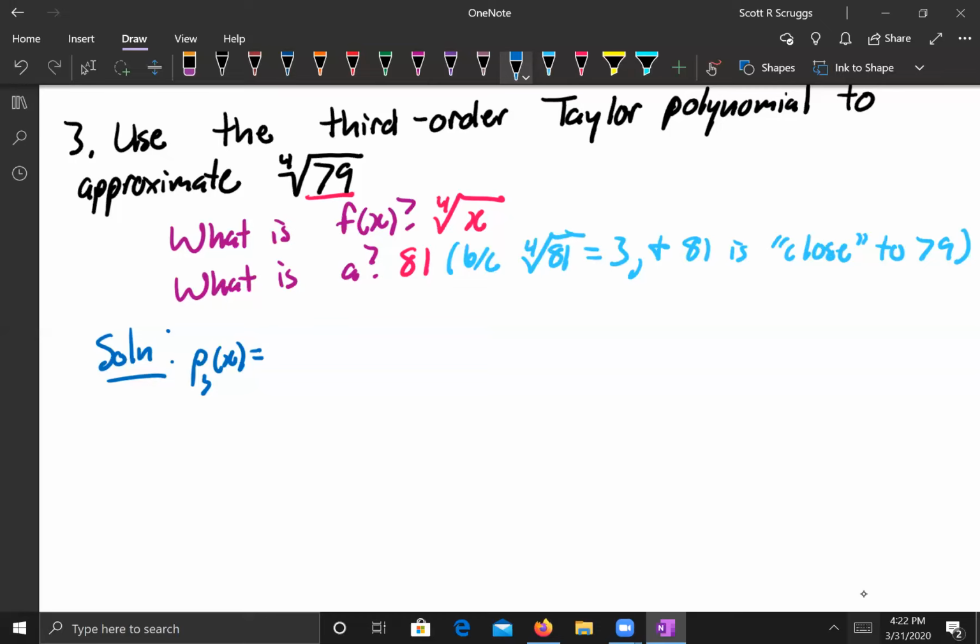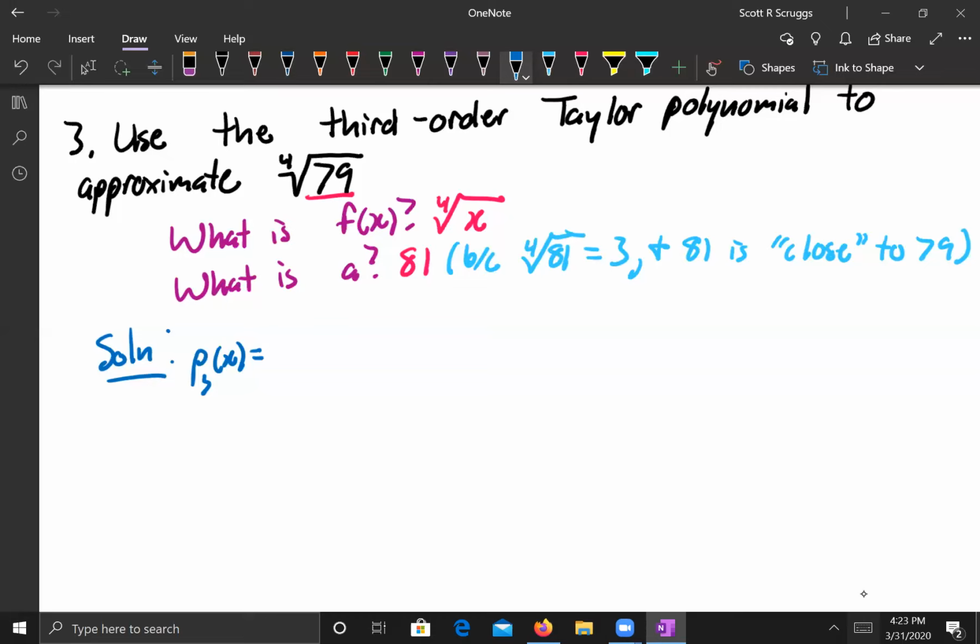All right, let's bring it back to perspective. What did y'all get for the third order Taylor polynomial for this problem? Wonderful.